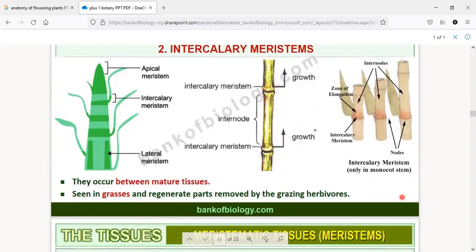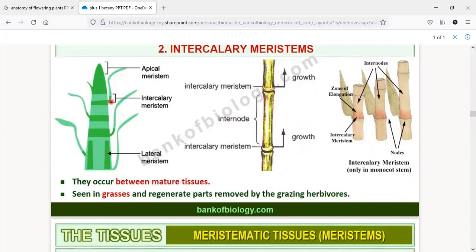intercalary meristem. As I told you, intercalary meristem is always present in between two permanent tissues. That means if one permanent tissue is there, another permanent tissue is there, in between that there will be presence of intercalary meristem. Okay.